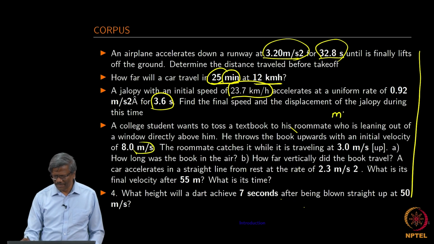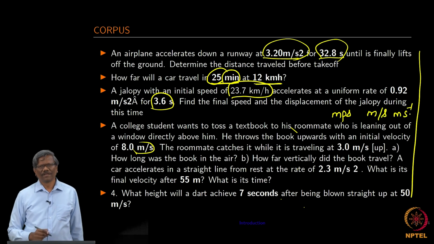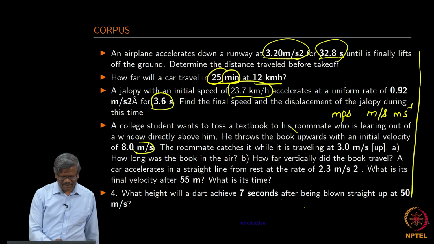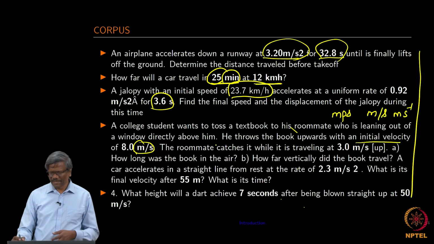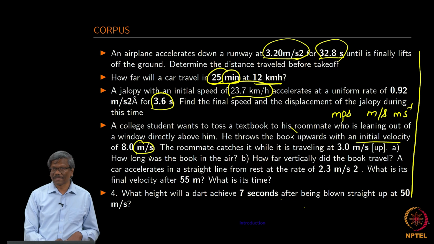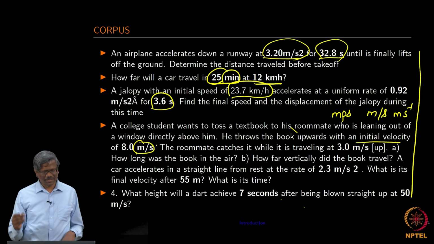Some will say MPS, some will write EMS, some will write EMS minus 1. So we need to be able to understand this when this occurs, and then based on some preceding words earlier, should really understand that unit is representing the velocity, and then convert this into the normalized form.